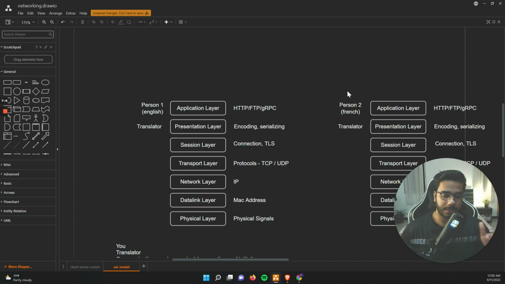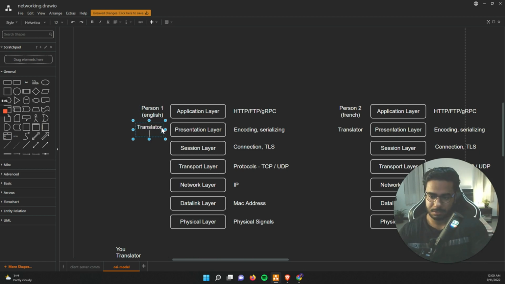For the sake of this example, let's take one condition. Since the OSI model is a global standard, let's say every translator has a sort of universally accepted language which they can translate, suppose language X, or maybe just X. Same for this.